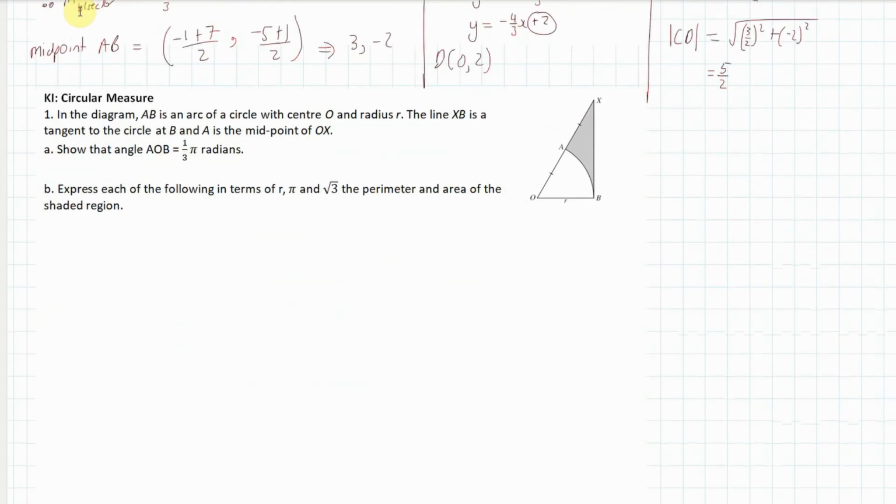Okay, circular measure, what have we got here? I've got this diagram. AB is an arc of a circle. I've got a center O, and the line XB is a tangent to the circle. Okay, so you know you've got a 90-degree angle there.